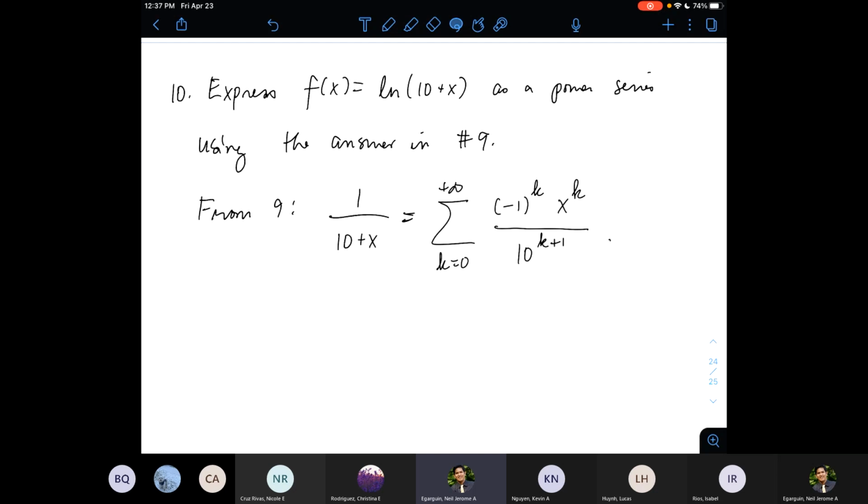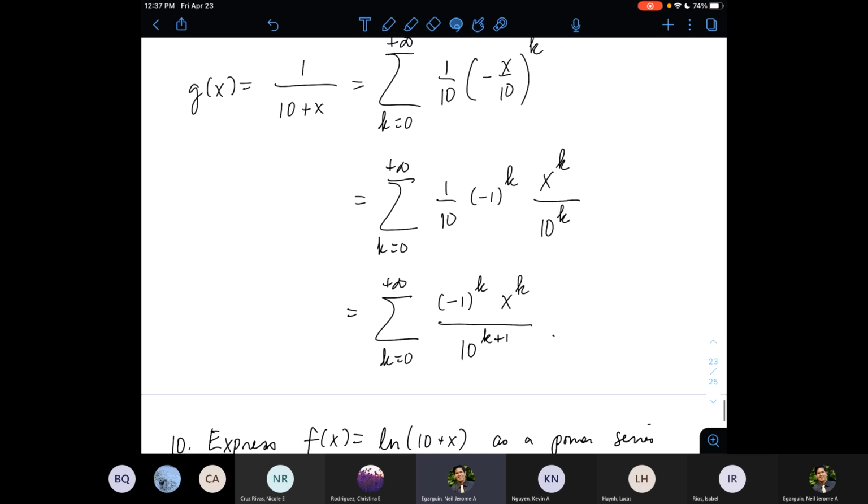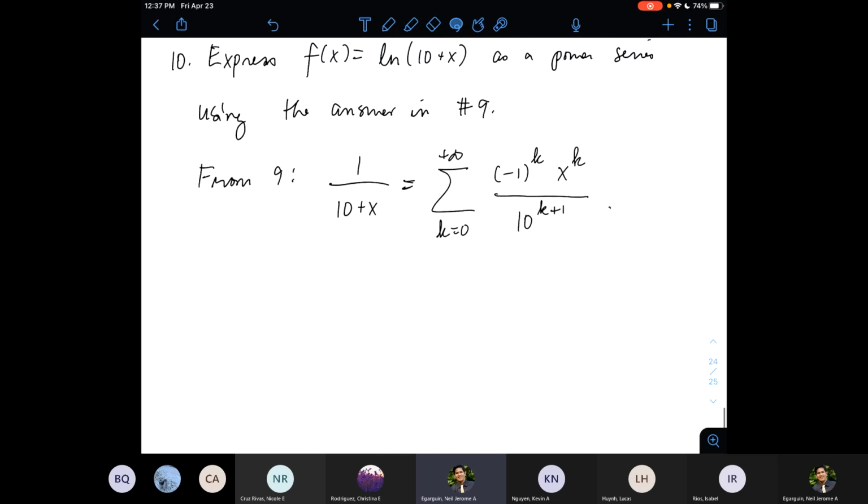Now, in order to be able to use this series expansion, I want to see what is the relation between 1 over 10 plus x and ln of 10 plus x.